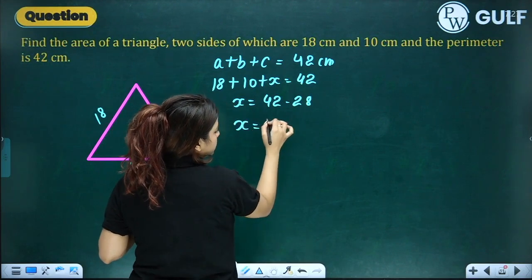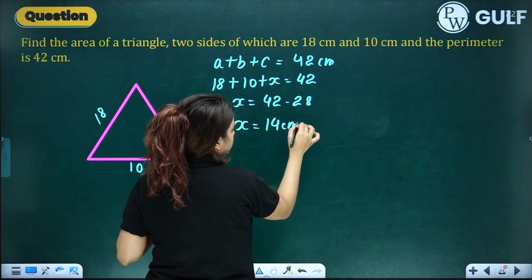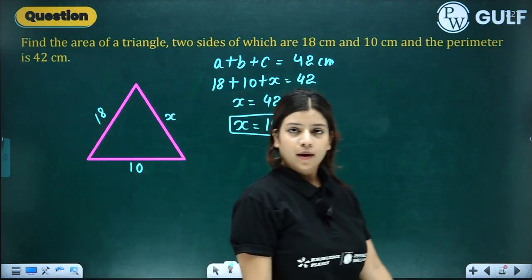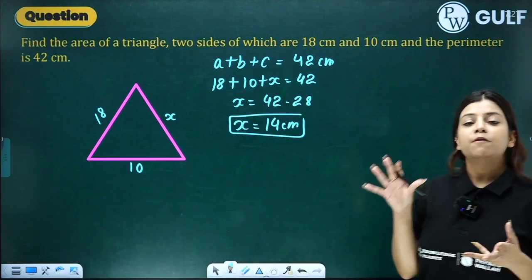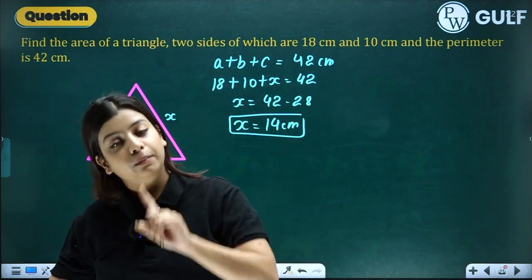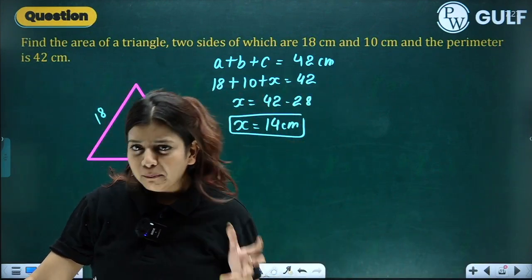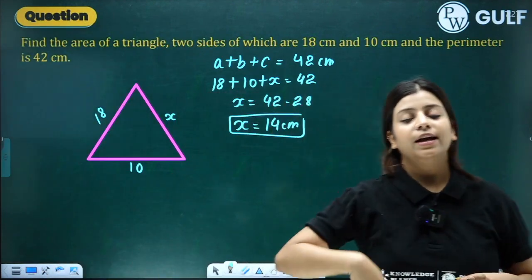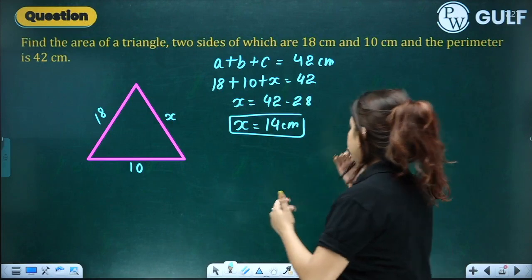So the third side will come as 14 centimeter. Right? This is the type of question where 2 sides are given and the perimeter is known. So simply by subtracting the sum of those 2 sides from the perimeter, we can find the third side.